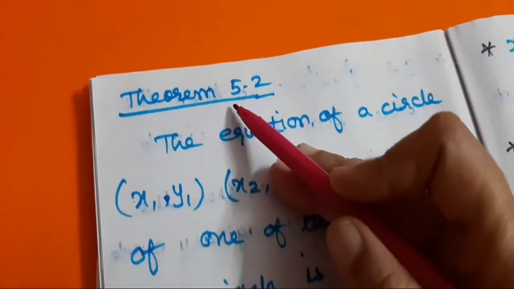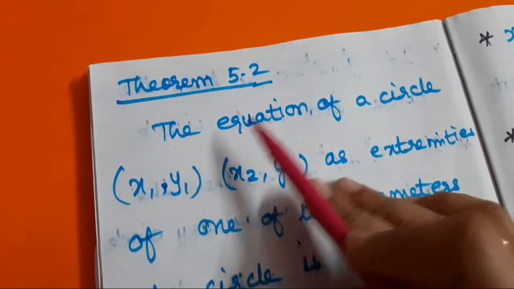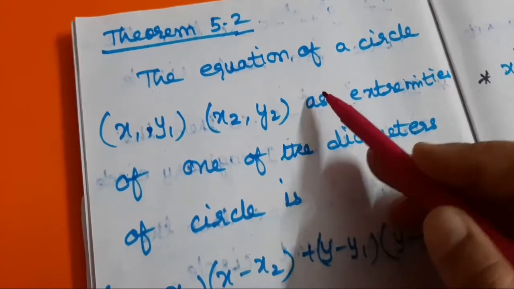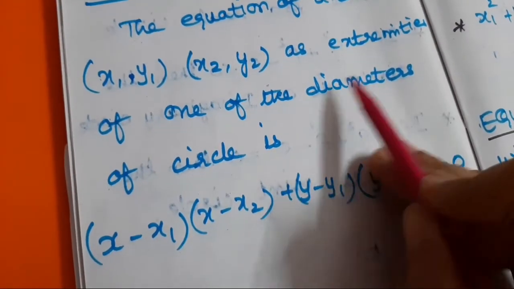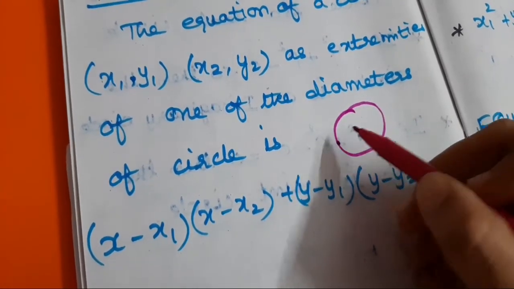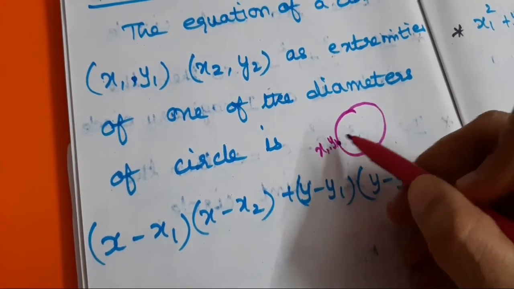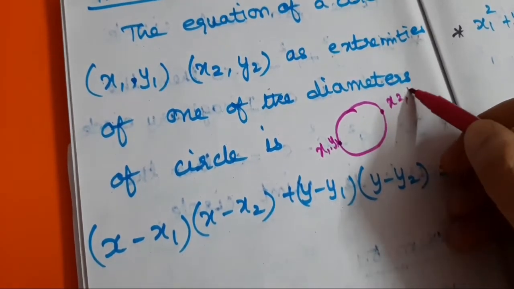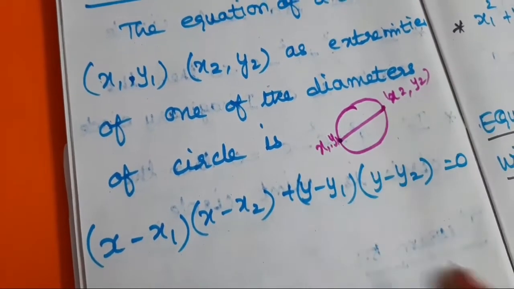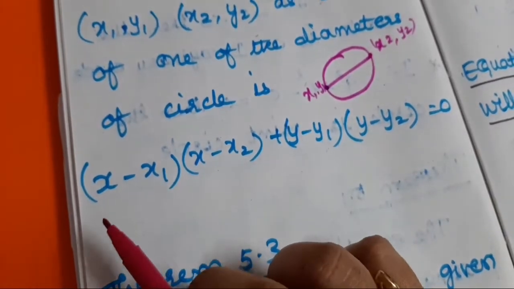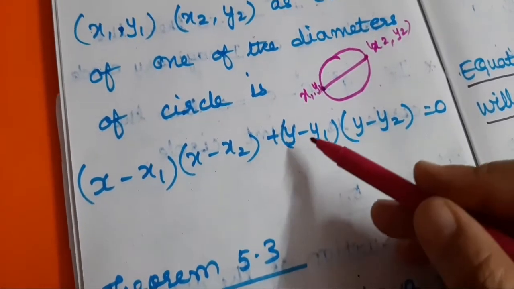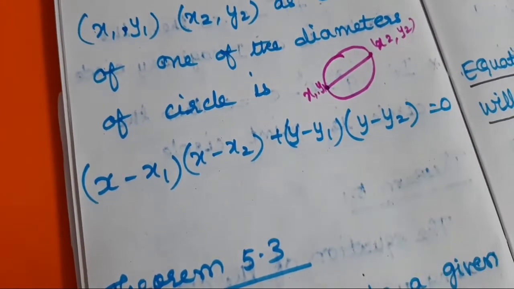Then theorem 5.2 says that if (x1, y1) and (x2, y2) are the extremities of one of the diameters of the circle, that is, you have a circle like this, so this is (x1, y1) and this is (x2, y2), so these are the two extremities of the diameter, then the equation of the circle can be found by the formula (x − x1)(x − x2) + (y − y1)(y − y2) = 0.